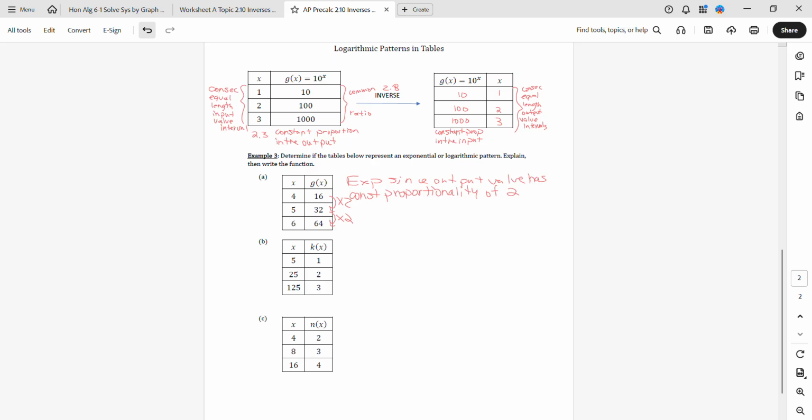Now, let's write the function. Oh no, we don't know what g is when x is 0. No worries. G of x is 16 times 2 raised to the x minus 4.